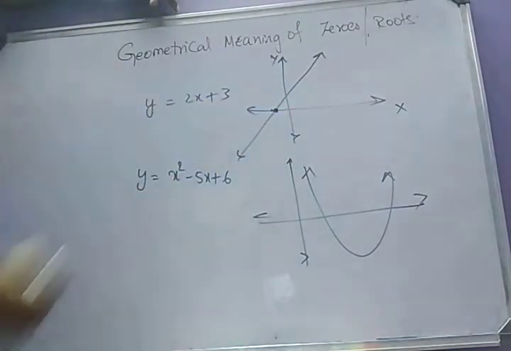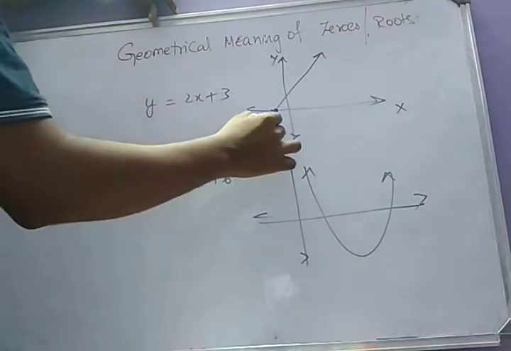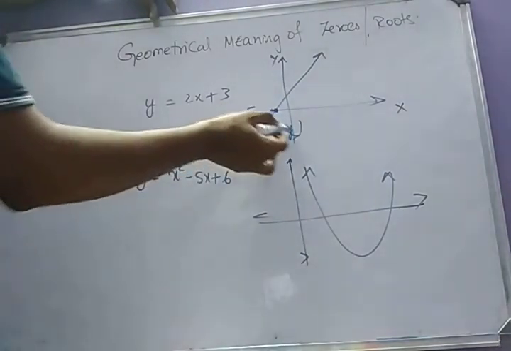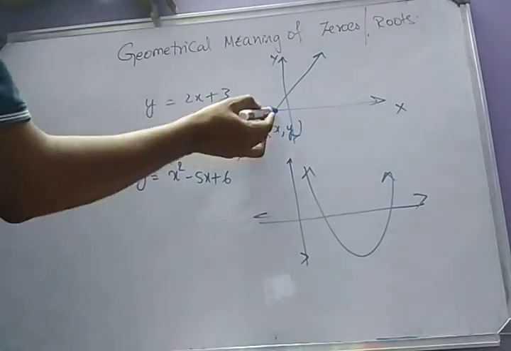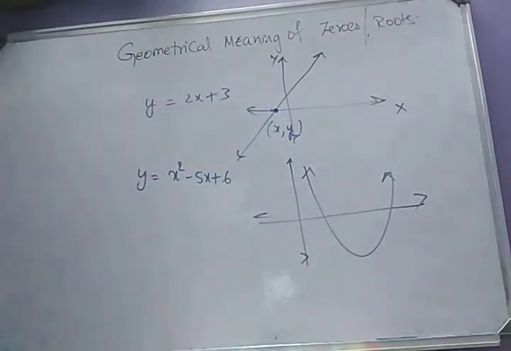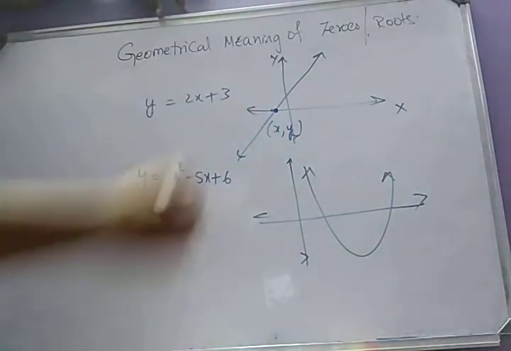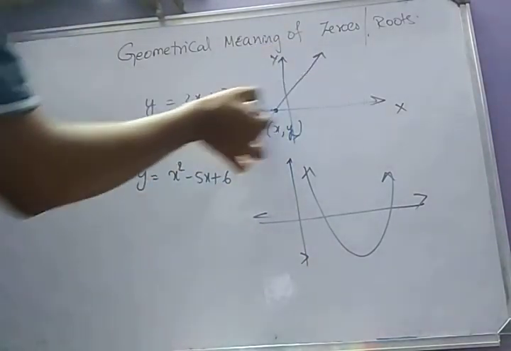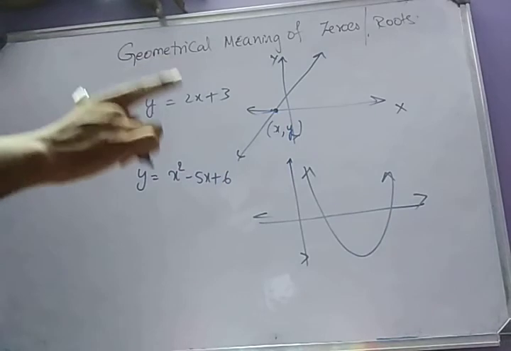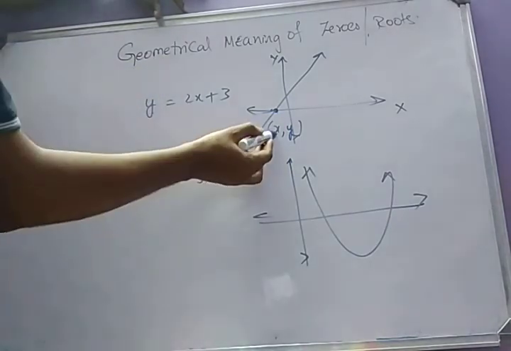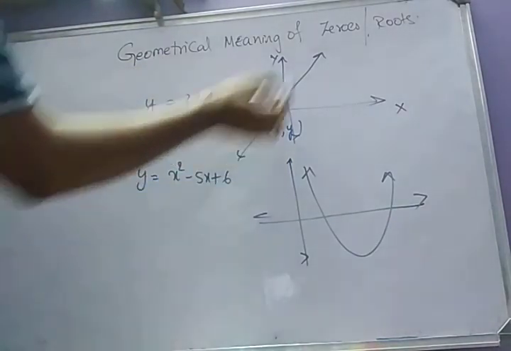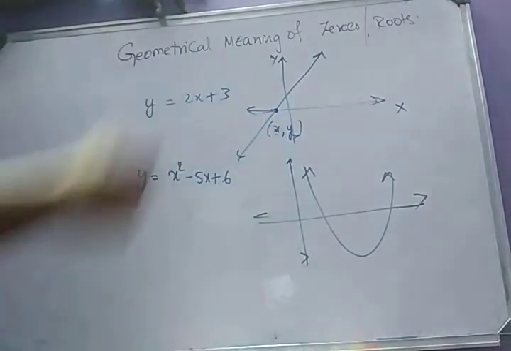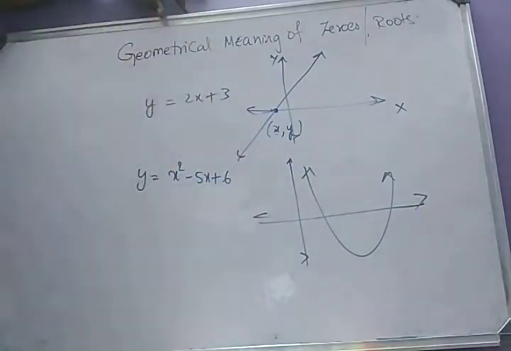Take that point. This point will have an x-coordinate and also a y-coordinate, right? The x-coordinate of this point is nothing but the zero of this polynomial. The x-coordinate of the point where the graph intersects the x-axis is the zero of this polynomial.